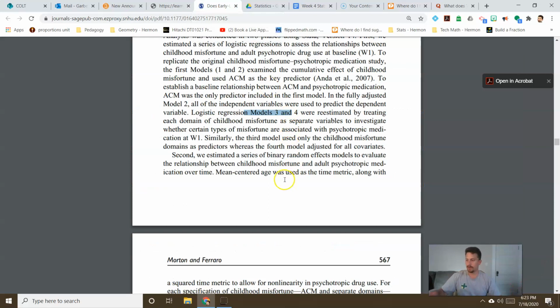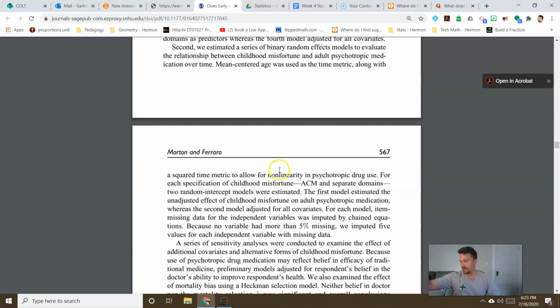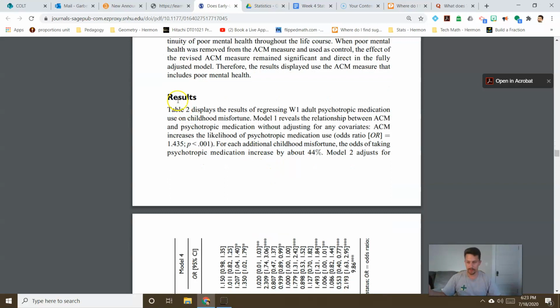So for example, in the same study, you can go down, you'll see the word results, right? So we'll see here, Model 1 reveals a relationship between ACM and psychotropic medication without adjusting for any covariance. So without adjusting for any other demographics or other variables. It says ACM increases the likelihood of psychotropic medication use.